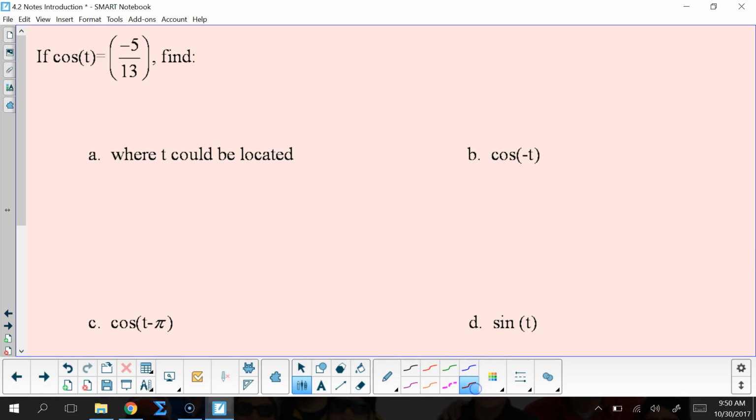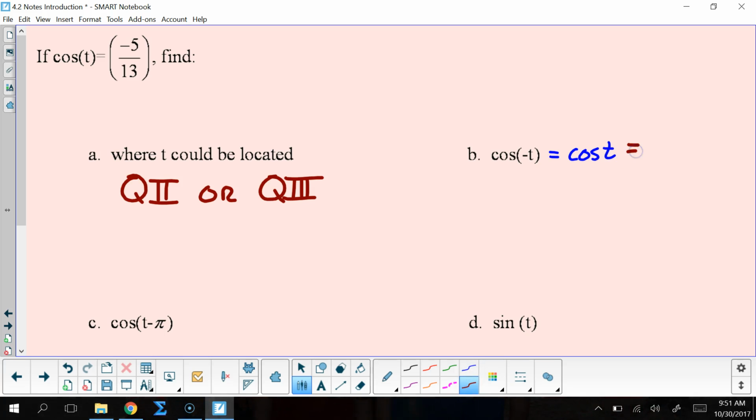So where can t be located in this one? Negative cosine value. Where can t be located? Second or third quadrant. Okay. The cosine of negative t is equal to the cosine of t.